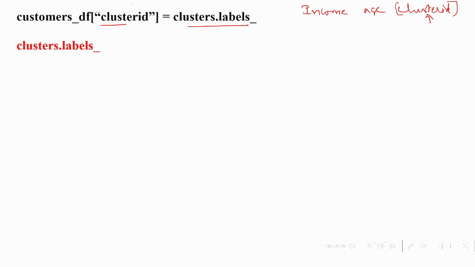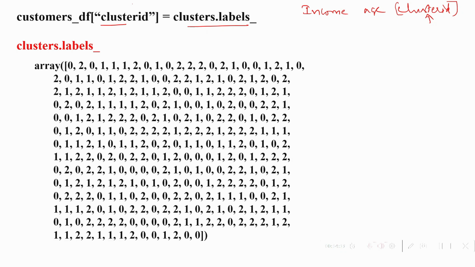If you display clusters dot labels, you will get the different labels like 0, 2, 0, 1, 1, 2, and so on. Here 0 means cluster 0; there are 3 clusters, cluster 0, cluster 1 and cluster 2, so the number of clusters is 3 and the labels are 0, 1 and 2. There are 3 different clusters formed for all the 300 instances.